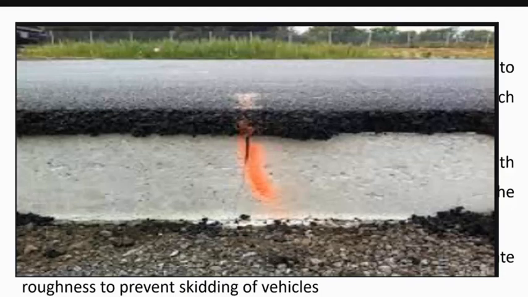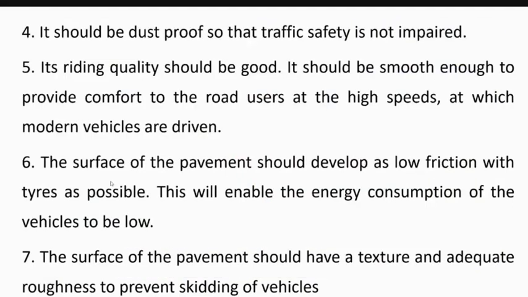Next point is the surface of the pavement should have a texture and adequate roughness to prevent the skidding of vehicles. In the stopping sight distance formula, you might have studied braking efficiency. If the roughness is very less, if it is too smooth, then what will happen? When you apply a brake, there is very less chance of braking.